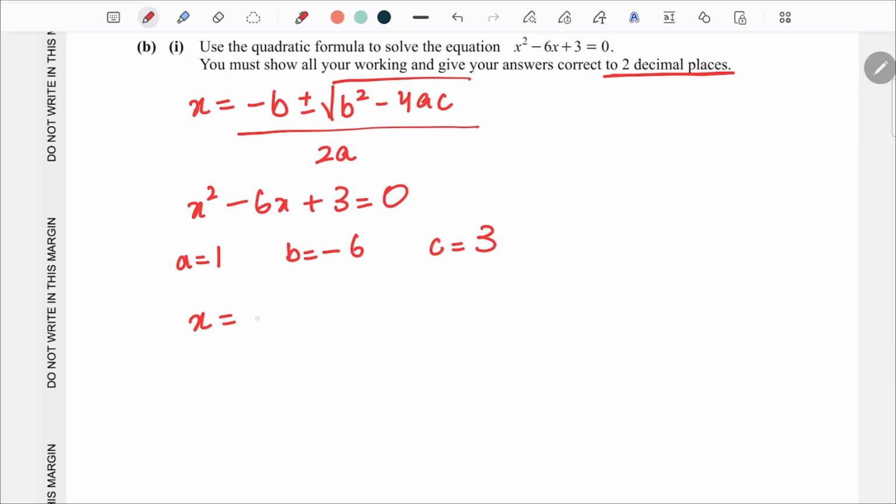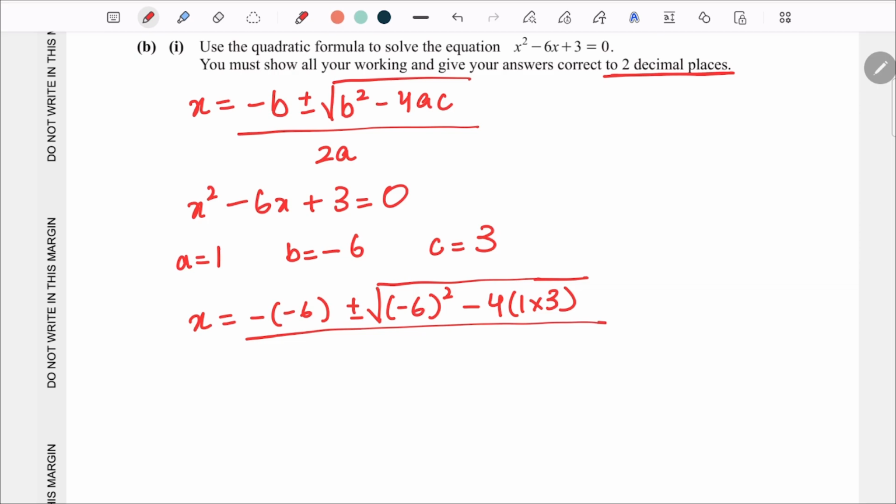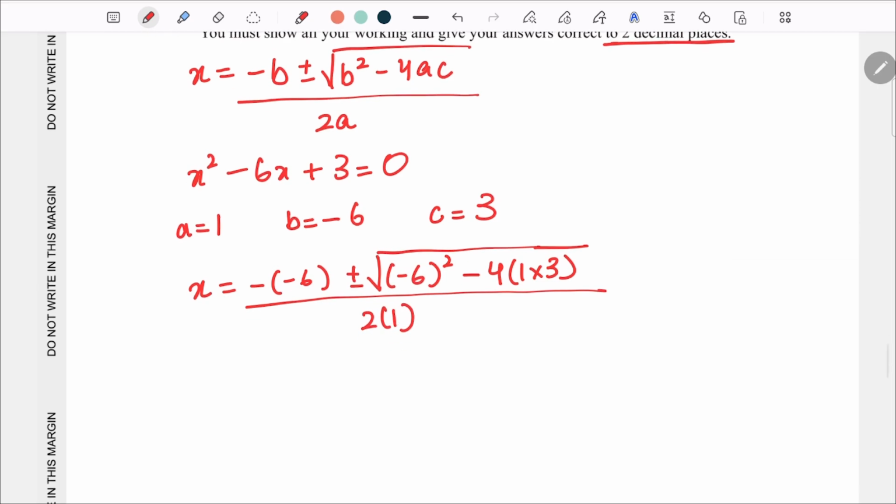Now when we input these values of a, b and c into the formula, we'll get x is equal to minus minus 6 plus or minus the square root of minus 6 squared minus 4 into 1 into 3, and this whole is divided by 2 into a, that is 1. When we simplify this, we'll be getting x is equal to 6 plus or minus the square root of 36 minus 12, divided by 2.